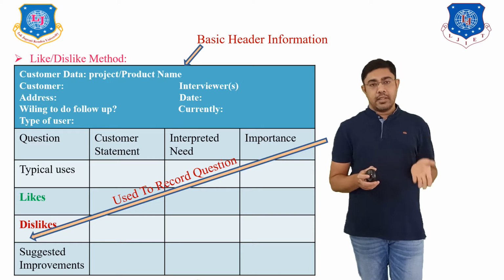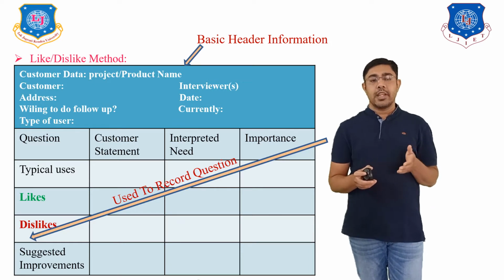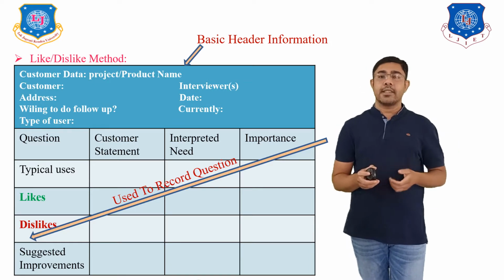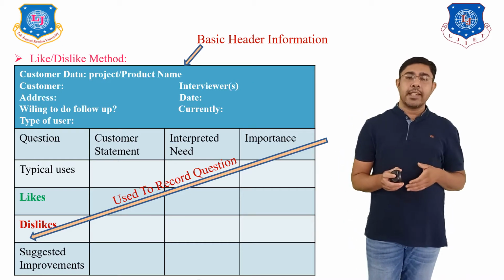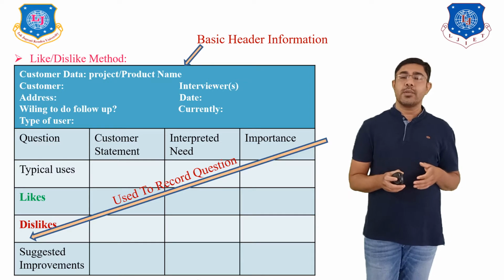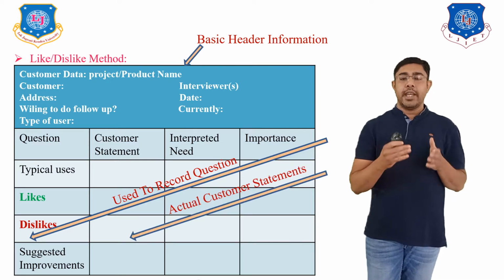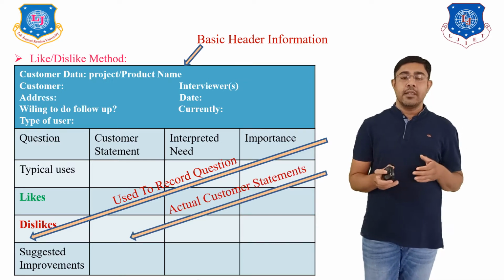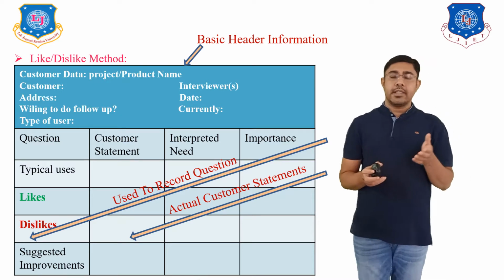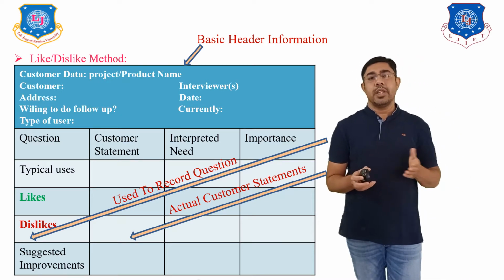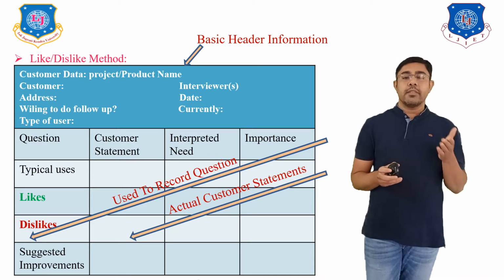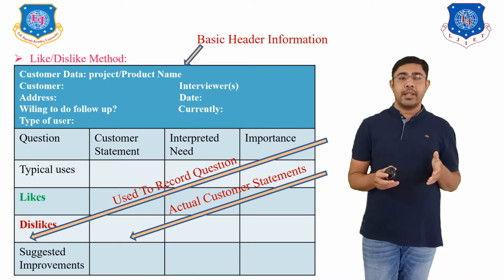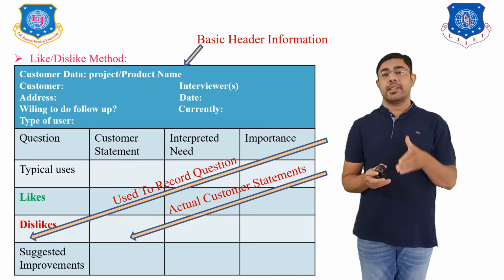Whatever the customers respond during the interview is the customer statement, and it is recorded in the second column. After the interview is completed, the recorded customer statements have to be interpreted into customer needs.